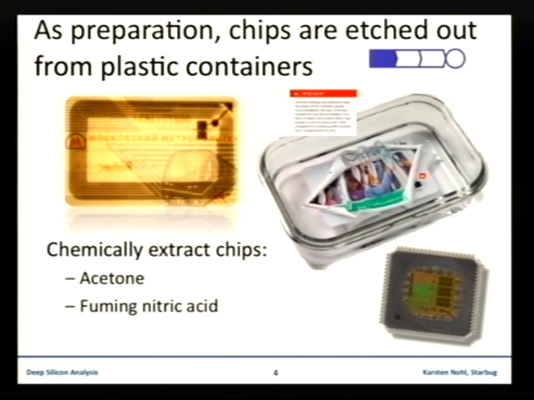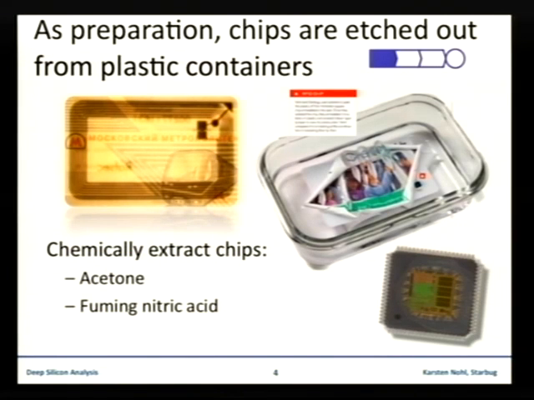The chip cards are made up of polycarbonate. So the best way is to use acetone. The acetone will dissolve parts of the polycarbonate, and you will get to the chip. But most of the time the chip is not completely bare there, but it's still encapsulated in epoxy.